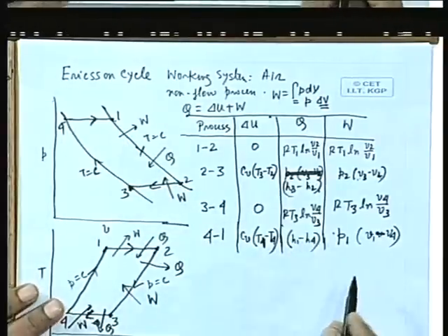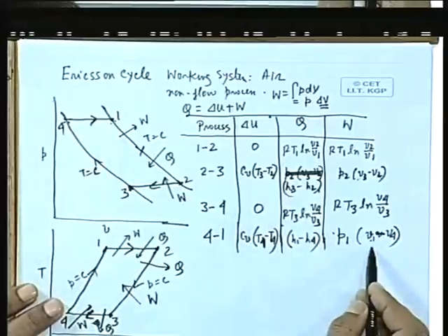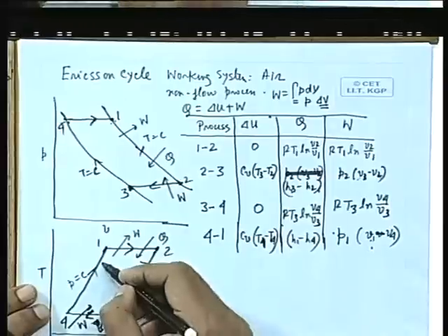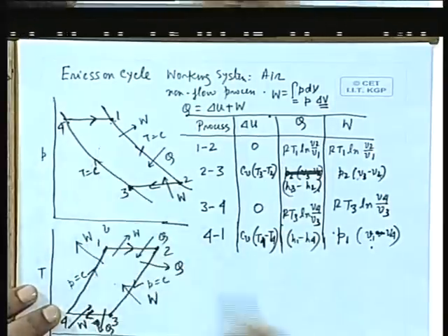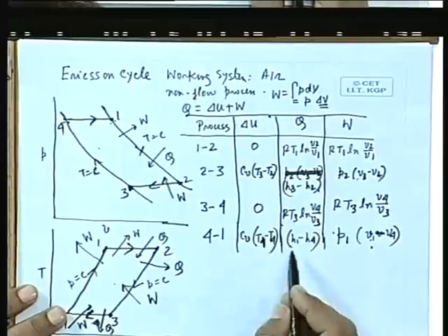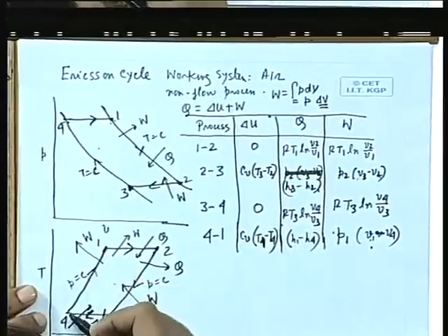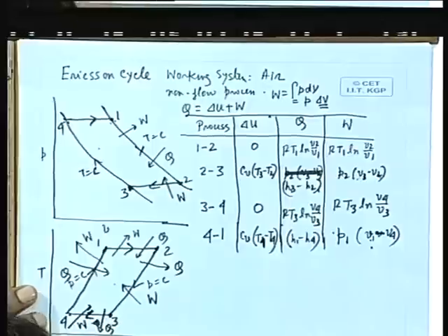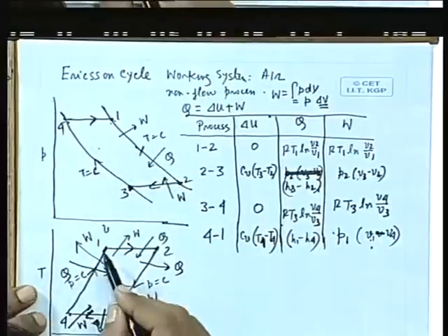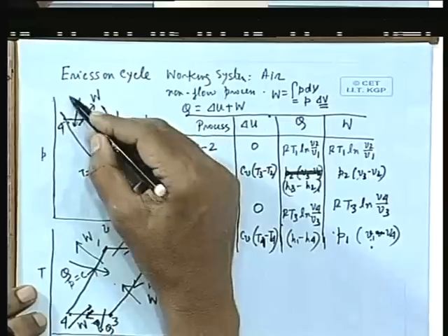Here if you see the sign, V1 is more than V4, so the work quantity is positive, that means work is coming out. And for heat, H1 minus H4, H1 is higher than H4, so heat is being supplied here. So you can draw it here: for 4-1, work is coming out and heat is going in.